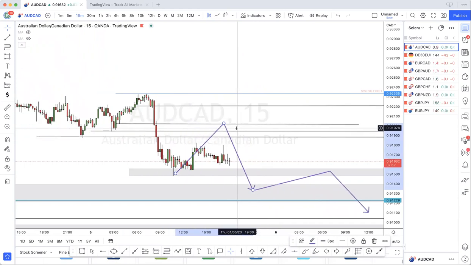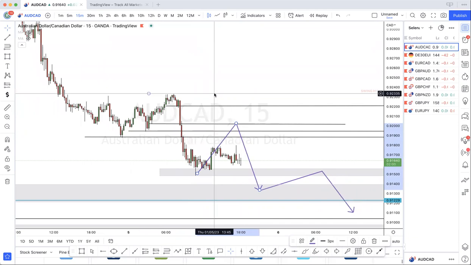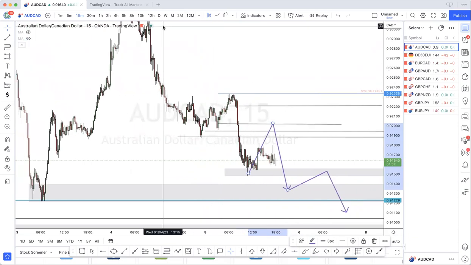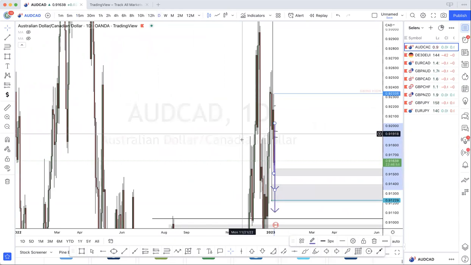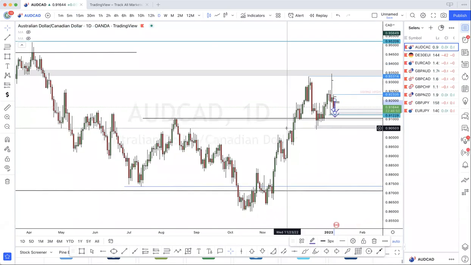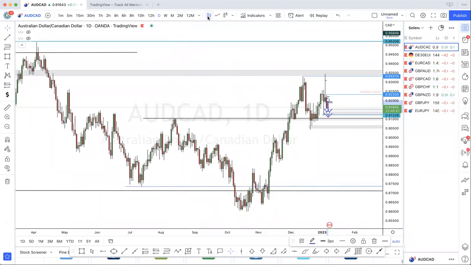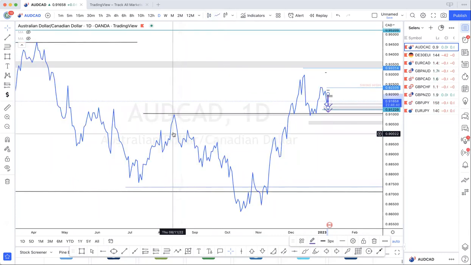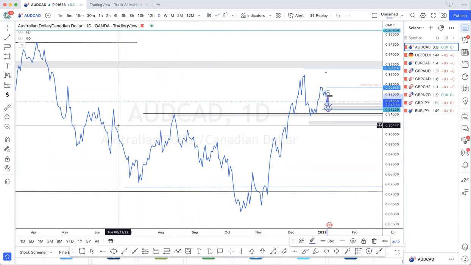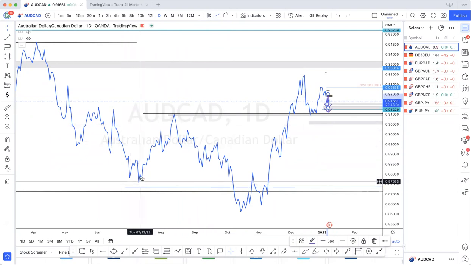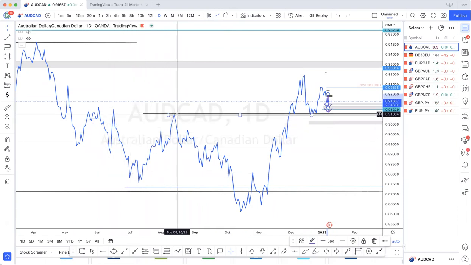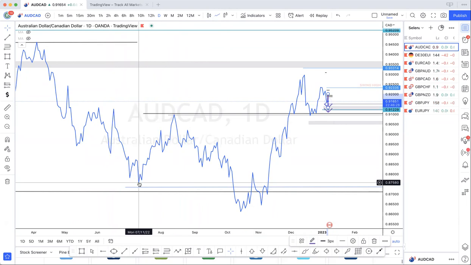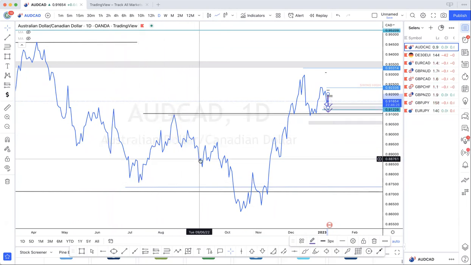All right. I did want to say, because I know somebody said that they were struggling with identifying the breaks of structure, you can, if you want, I like to use the wicks, but you can always just go to the line chart, and look for the peak highs and the peak lows, like this, I like to say a deep V. That's where I would mark up my major highs and lows.